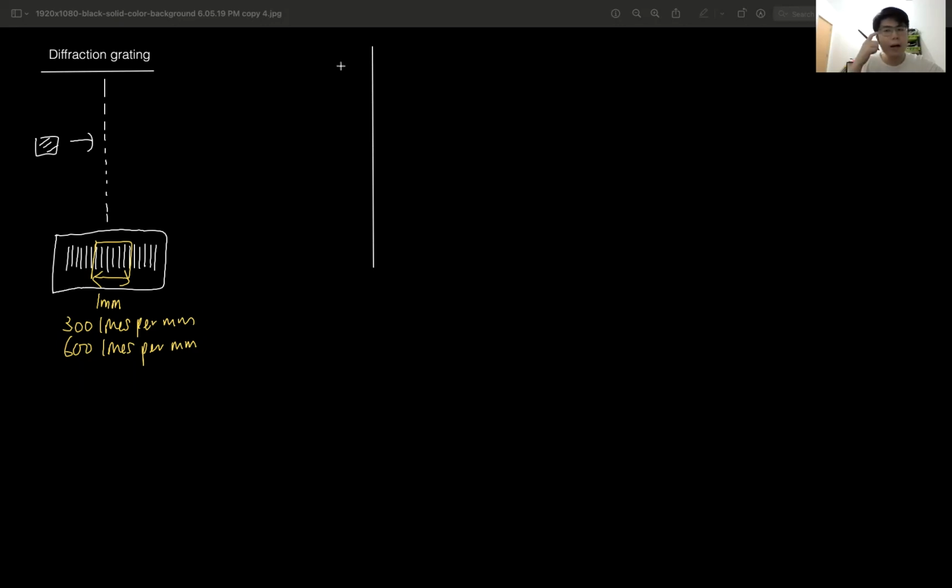So how do they calculate the wavelength from the experiment? They shine the light on it, and you get the central maximum and the higher orders, order 1, order 2. They measure the distance here, based on the next bright fringe, x2.